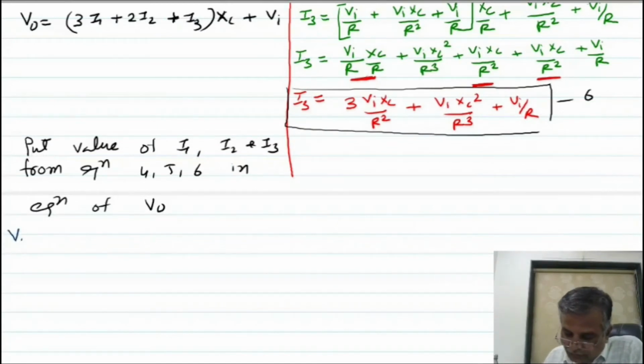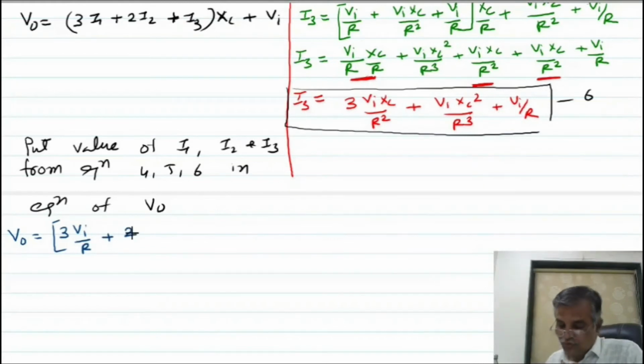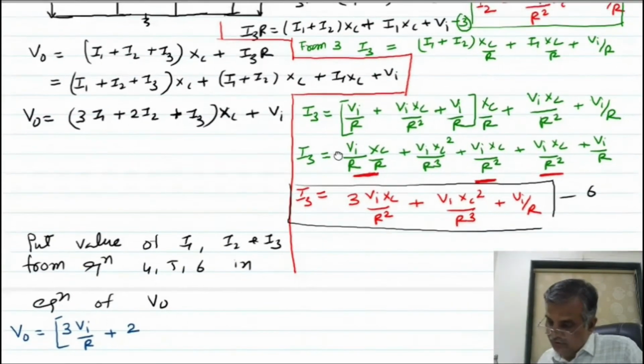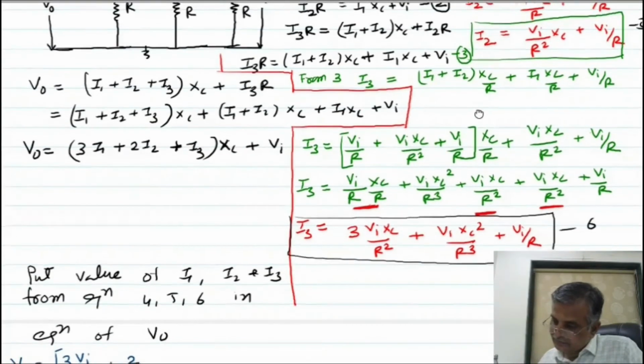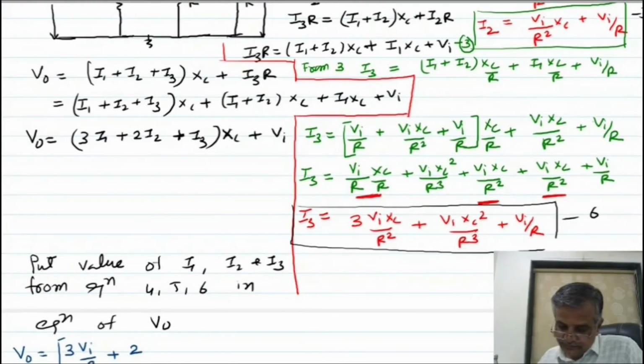So let us put this value. What is the equation of output voltage? 3 I1. What is I1? 3 I1 is 3 times Vi by R, plus 2 times I2. Let me see what is I2. I2 we have already written here.